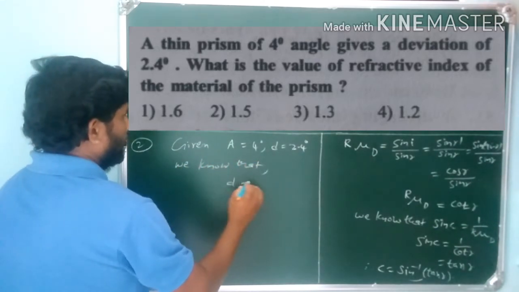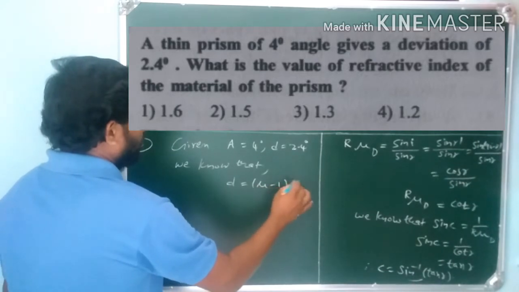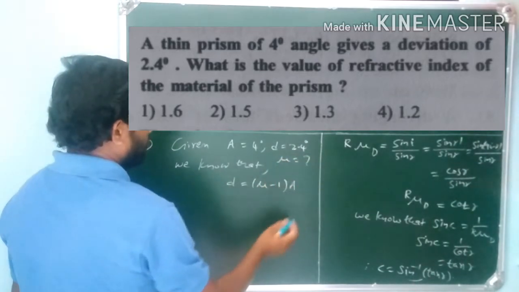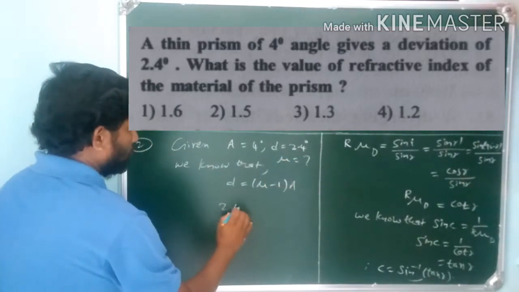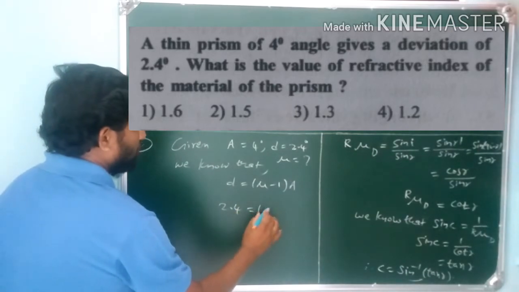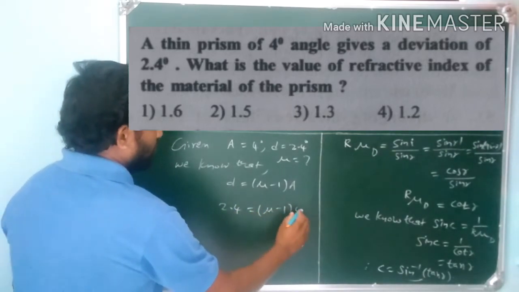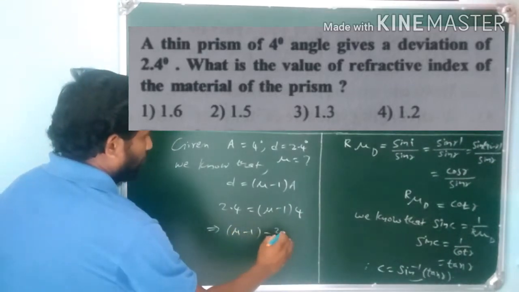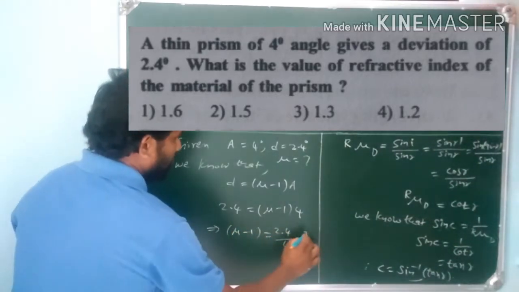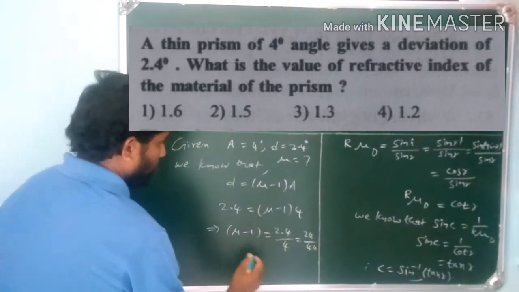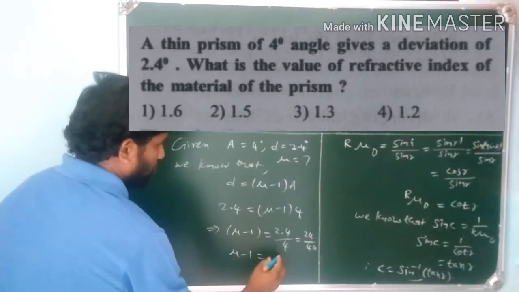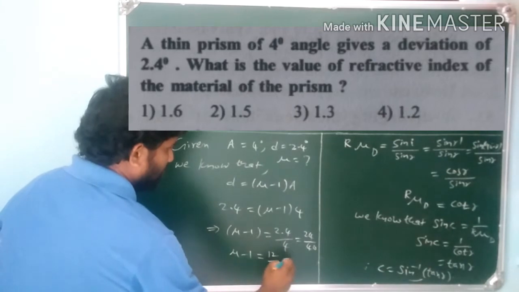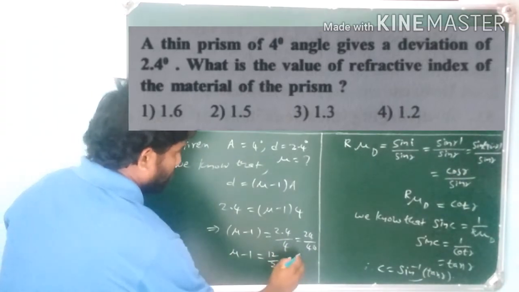And we know that D equals (mu minus 1) into A. Here we are going to find out the refractive index mu. Substitute the values. D is 2.4, equal to (mu minus 1), A is 4. That implies mu minus 1 equals 2.4 by 4, that is 24 by 40. We are getting mu minus 1 equal to 12 by 20, that is equal to 6 by 10.